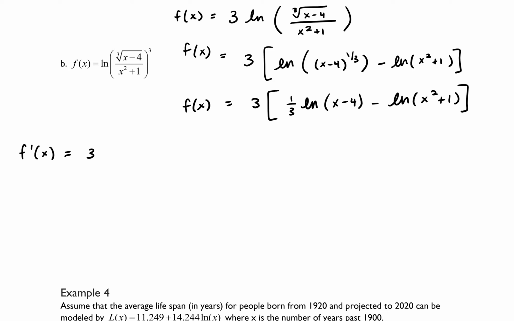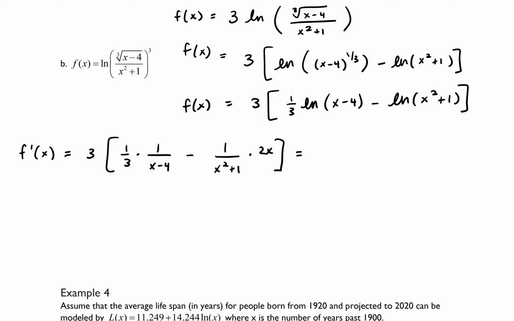So we have 3 times 1/3 times 1 over (x - 4) minus 1 over (x^2 + 1) times 2x, like that.